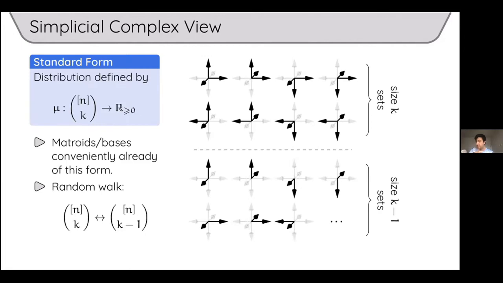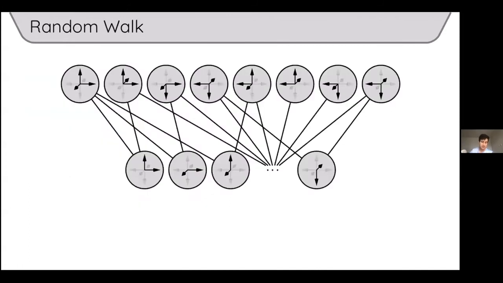Once you have a distribution like this, there is a natural random walk that you can study. It's a generalization of the very famous Glauber dynamics. This random walk transitions between these size k sets, which are the support of your distribution, and size k minus 1 sets. The way it works is you start from some size k set, like this one on the left, and then you drop one of the elements in the size k set uniformly at random.